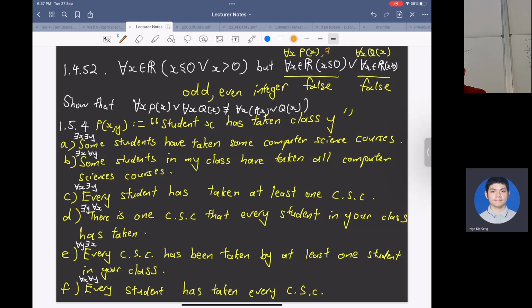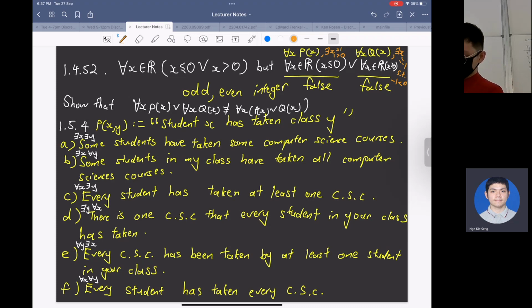So there's this x which is equal to 1, and 1 is greater than 0. How about this? Why? Negative 1. So there's this x which is equal to minus 1, such that minus 1 is less than or equal to 0. Okay.